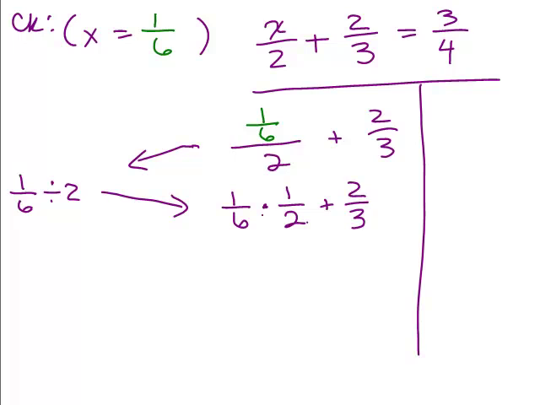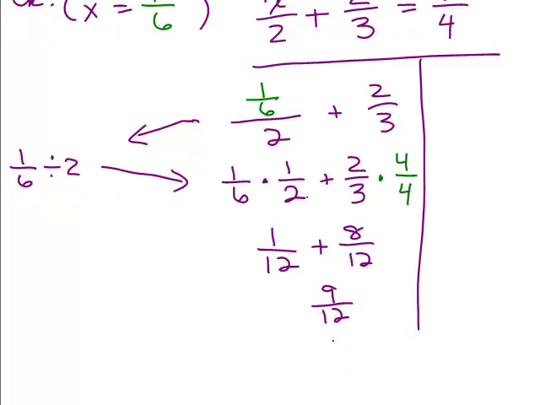So if you look ahead, you see this is going to have a denominator of 12, and over here it's going to have a denominator of 3. So I'm going to go ahead and multiply this 2/3 times 4 over 4 to get a common denominator of 12. So I have 1/12 plus 8/12, and that's 9/12, which reduces to 3/4.